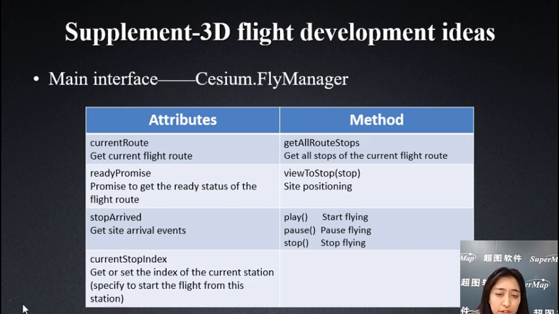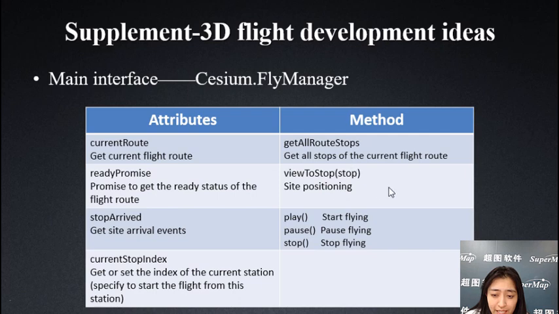When we use the first method, the current route, to get all of the fly route points, we can set it in the desktop and get the corresponding site here, and you can display it across to the view to stop.